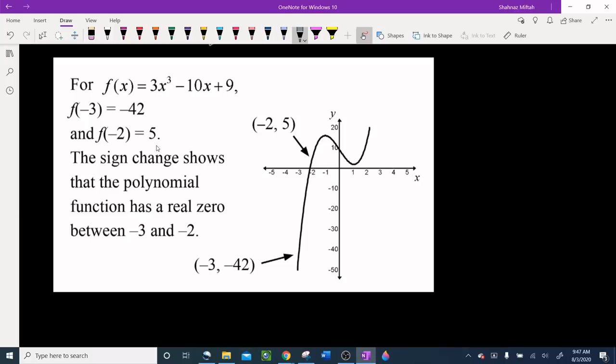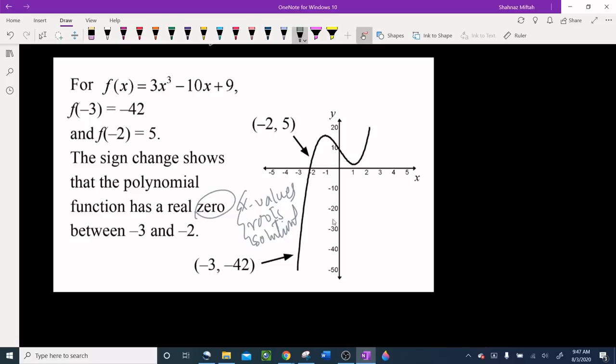And f of -2 is equal to 5. The sign change shows that the polynomial function has a real zero between -3 and -2. Real zero, what am I talking about here? This zero means I'm talking about x values, right? We can call these zeros, roots, or solutions. I just want to repeat my vocabulary words with you guys.